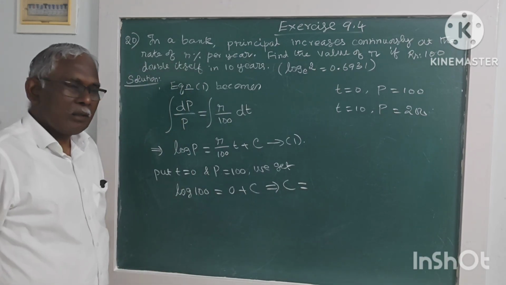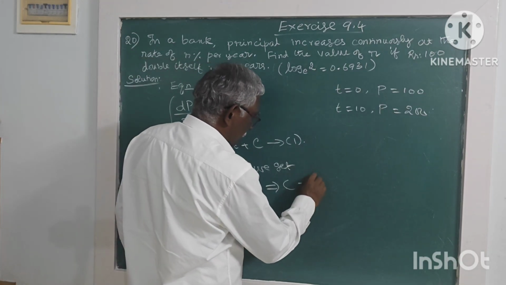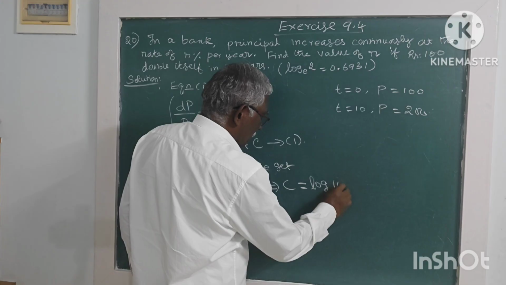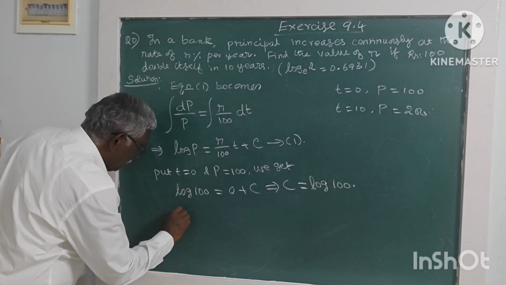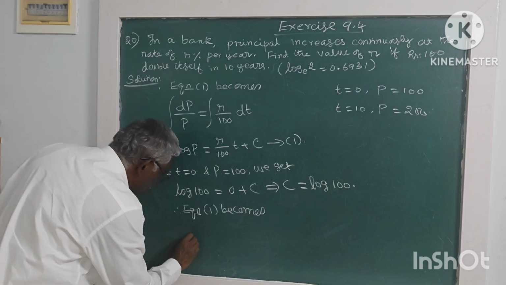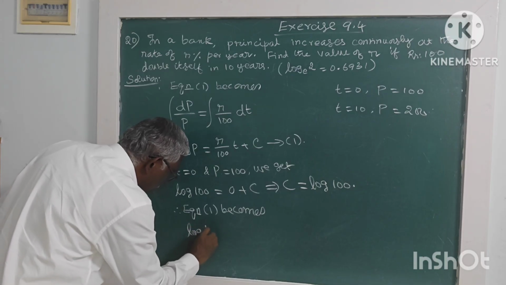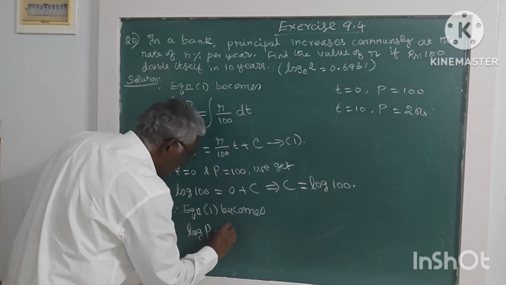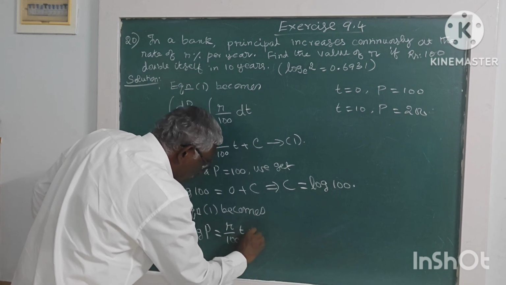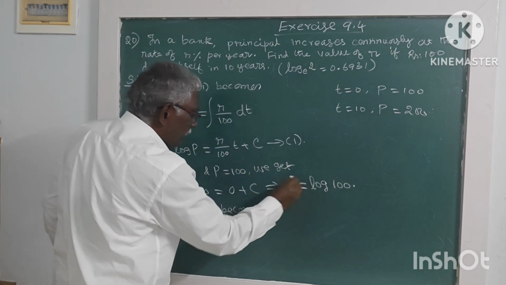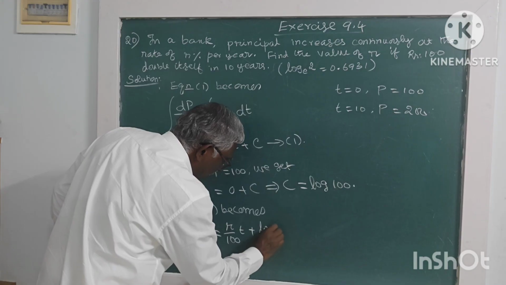This gives c is log 100. Therefore equation 1 becomes log p is equal to r by 100 t plus c, which is log 100.